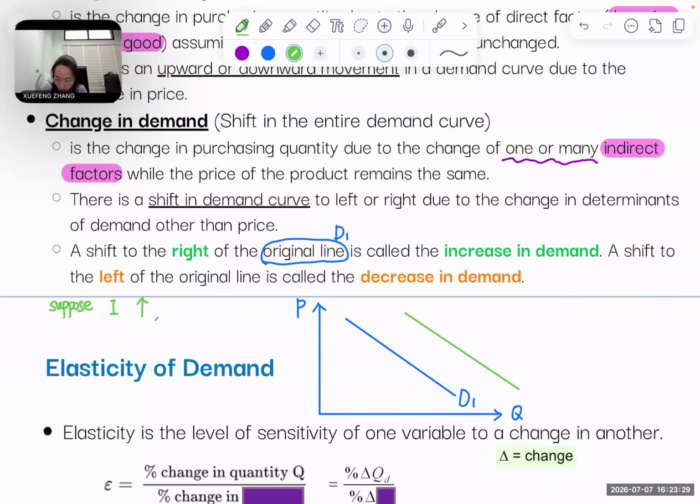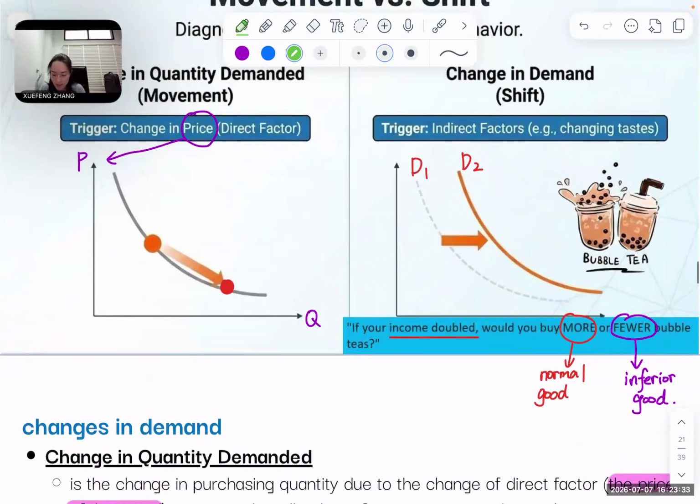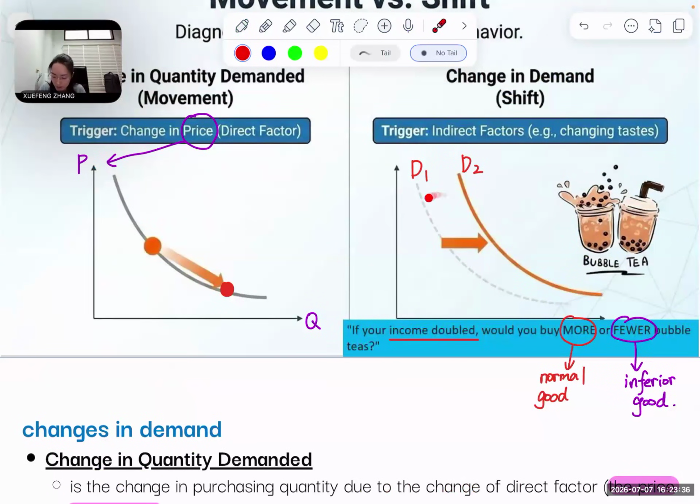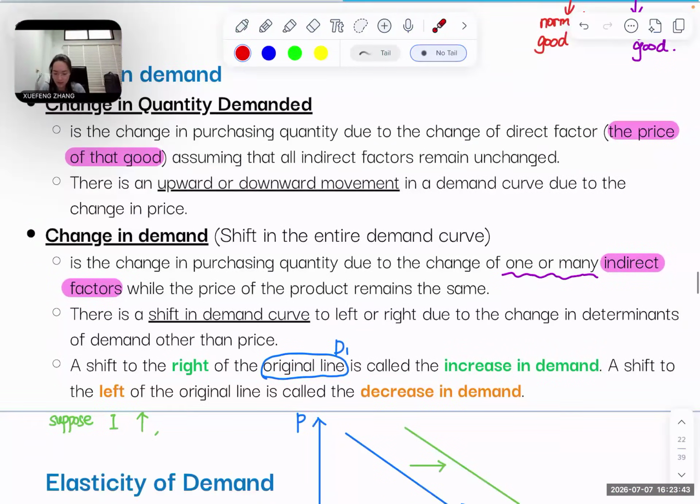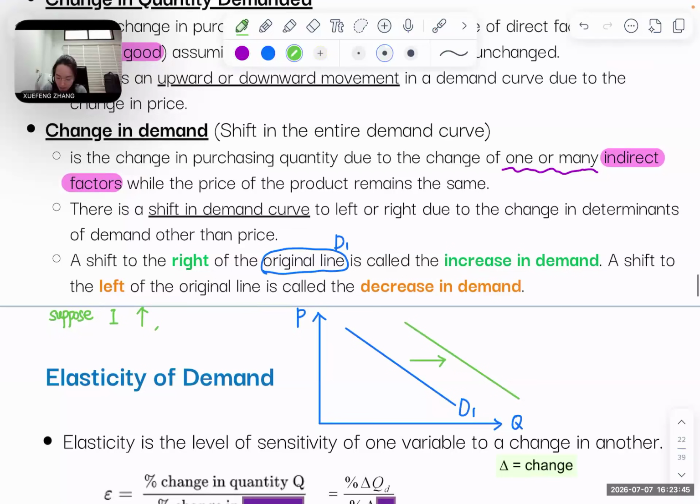It's a parallel shift, although the graph here is not that precise. So we have D2. Here is the increase in demand from D1 to D2, parallel to the original line, D1.